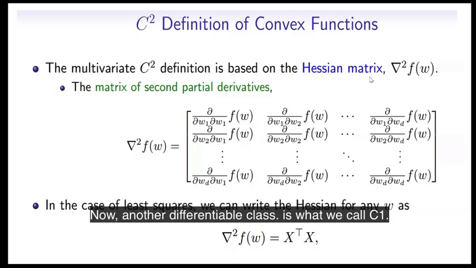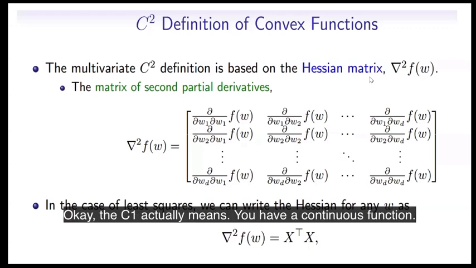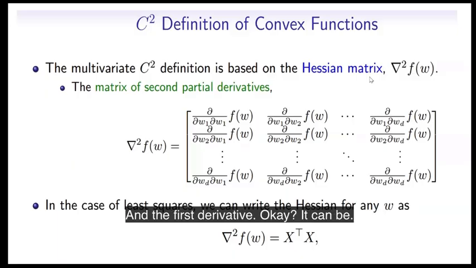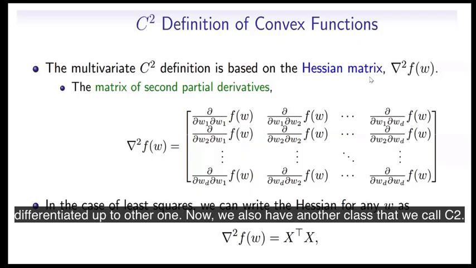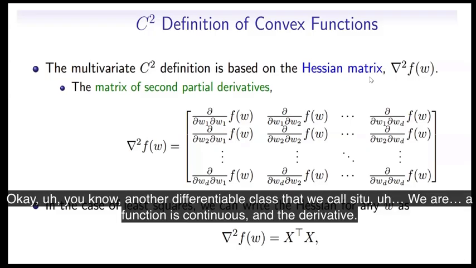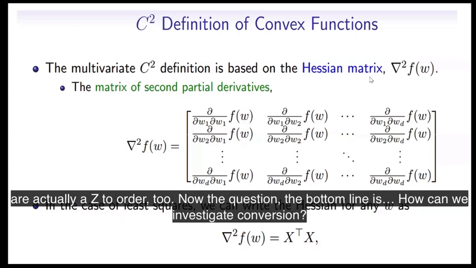I believe I walked you through how we can investigate convexity using that kind of function. Now, another differentiable class is what we call C1. C1 means you have a continuous function and the first derivative exists. It can be differentiated up to order one. Now, we also have another class that we call C2, where a function is continuous and the derivative exists up to order two.